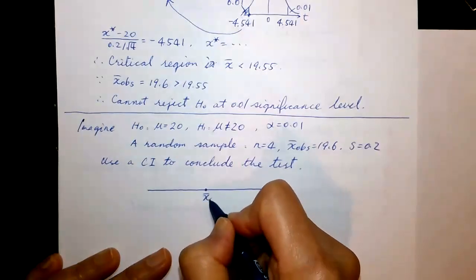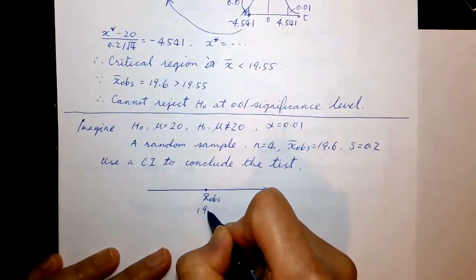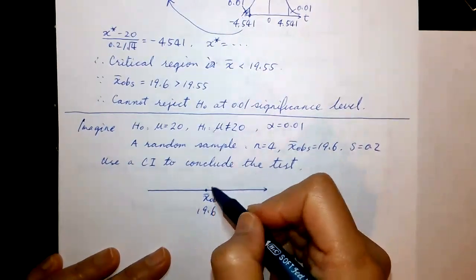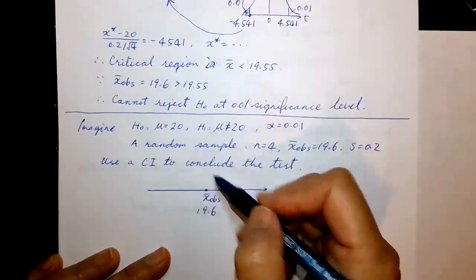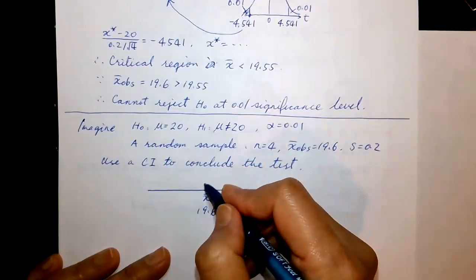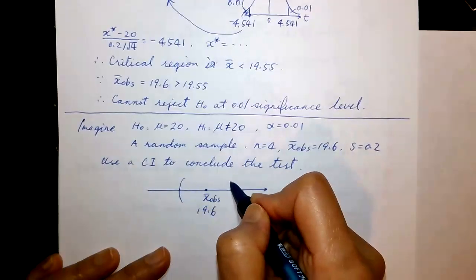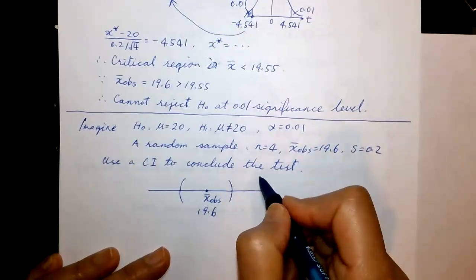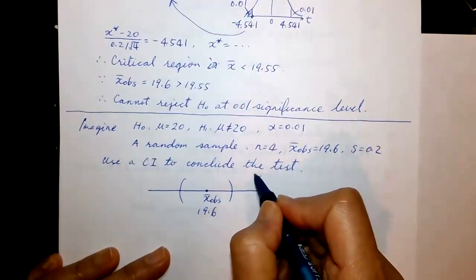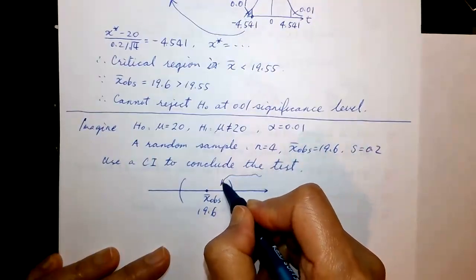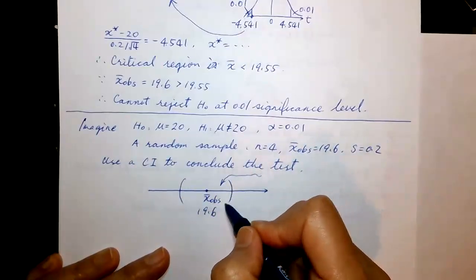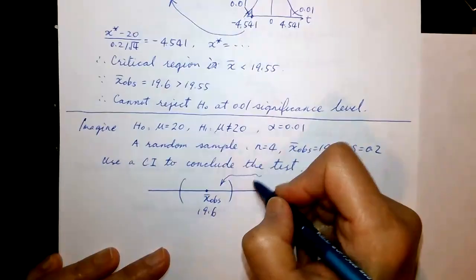The sample mean for our 4 packages has the average weight of this much. I put it on the number line. Can I say that since the sample mean is here, the population mean must be here? It can't be that strict. Instead, I give you an interval around the sample mean and say, since the sample mean is here, the population mean should not be far away. It should be around it.